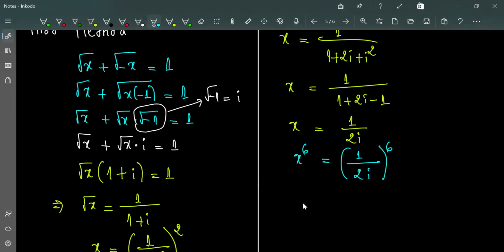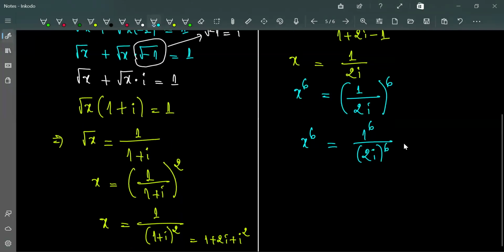So x power 6 equal to 1 power 6 over 2i power 6. We can write 2 power 6 times i power 6.